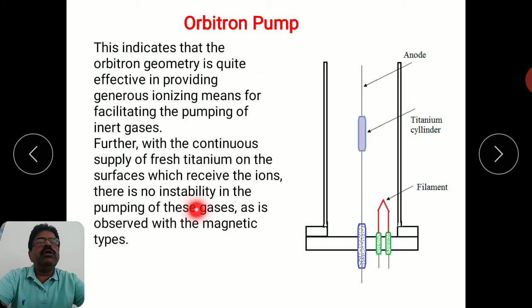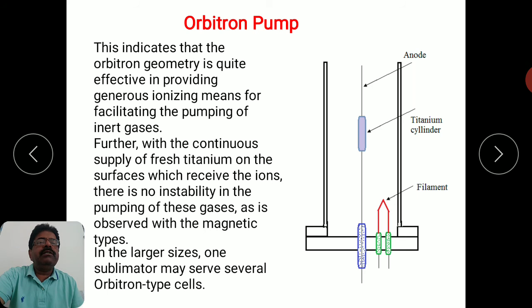So there is no instability in the pumping of these gases as is observed with the magnetic type. In the case of magnetic type vacuum pumps, we have seen earlier that sometimes there is instability in the pumping process, but here that instability is not observed because of the continuity of the freshly deposited titanium.